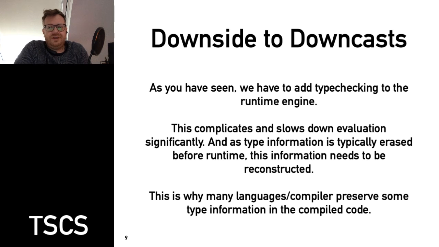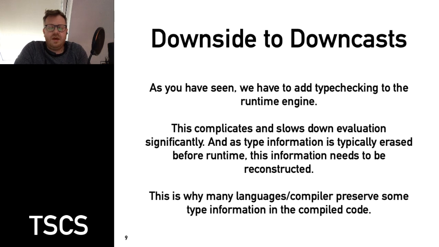Sometimes type information is erased, so type information needs to be reconstructed. This is sometimes the case in Java as well, when it comes to generic collections and so on. This has been tackled a little bit, but in general, sometimes this type information needs to be reconstructed, which is a little bit cumbersome in some cases.